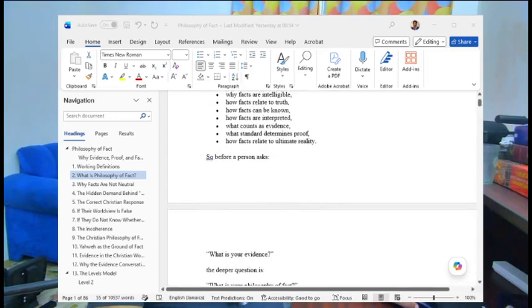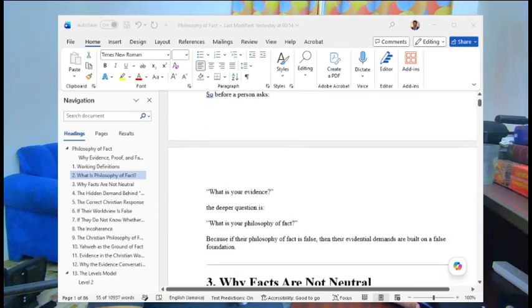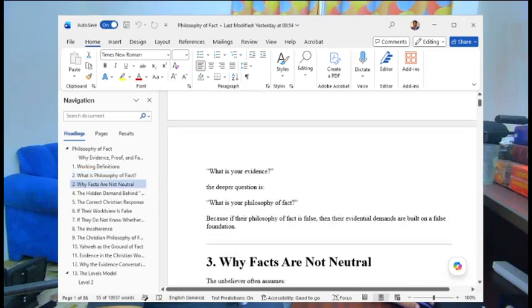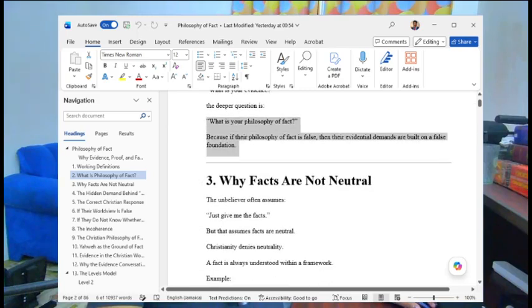Before a person asks, what is your evidence? A deeper question is, what is your philosophy of fact? This is very important, guys. Very important. Because if your philosophy of fact is false, then your evidential demands are built on a false foundation.